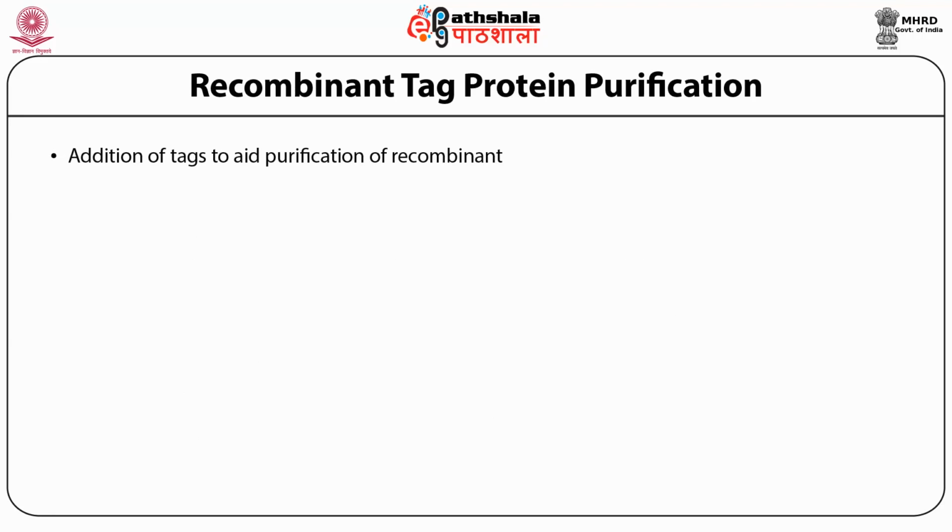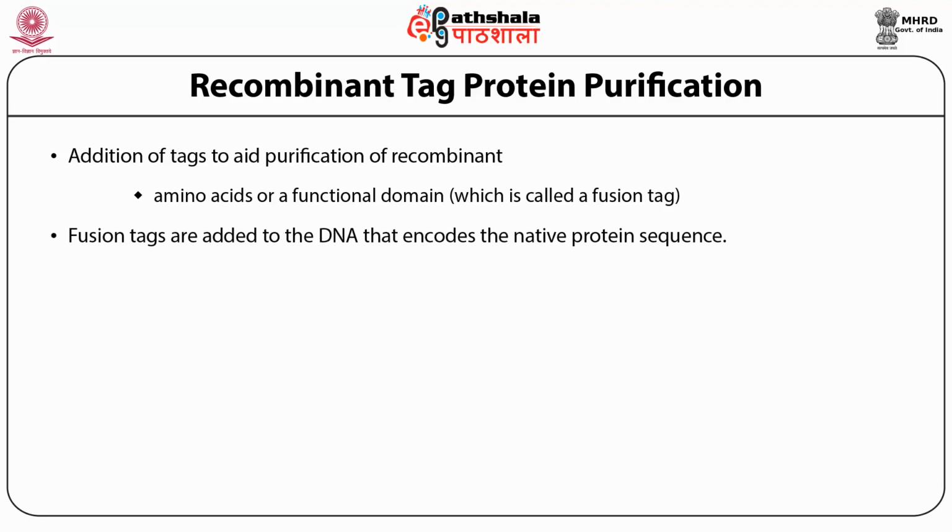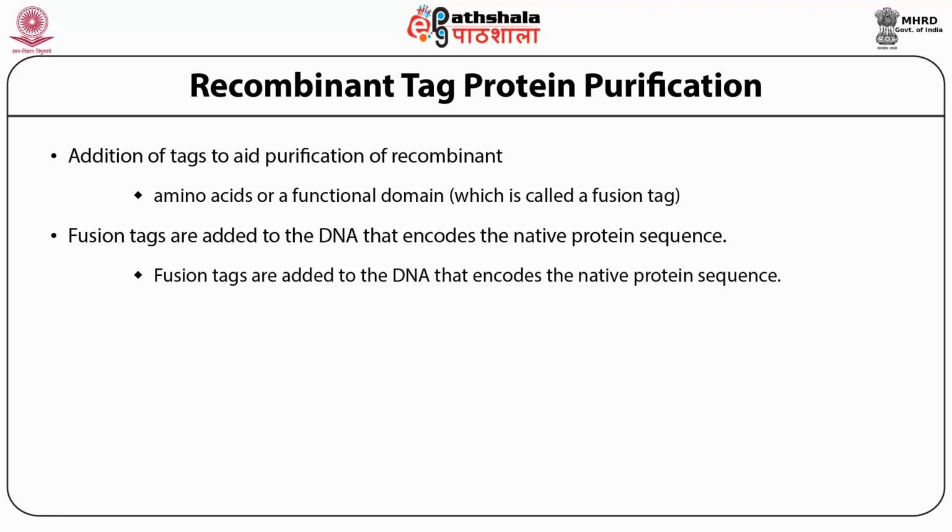In the process of recombinant protein expression, a functional domain, which is called a fusion tag, or some additional amino acids are usually added to help in its purification. The fusion tags are usually appended to DNA, which encodes the specific protein sequence. For example, His tag is one of the most common fusion tags.